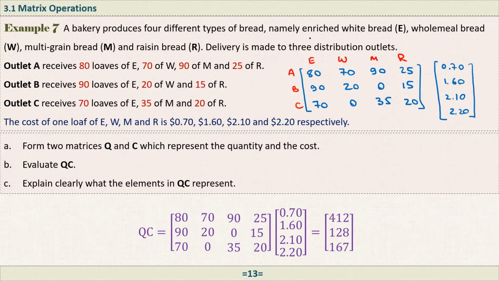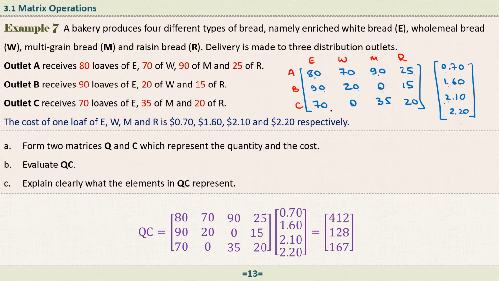As you see here, when we multiply these two matrices, we multiply 80 by 0.70, the unit price of E, 70 by 1.60, 90 by 2.10, 25 by this. The second row, that means outlet B, 90 by 0.70, 20 by 1.60, 0 by this, and 15 by this. And also for outlet C, you can see this.